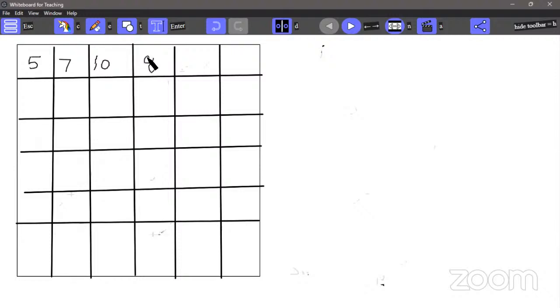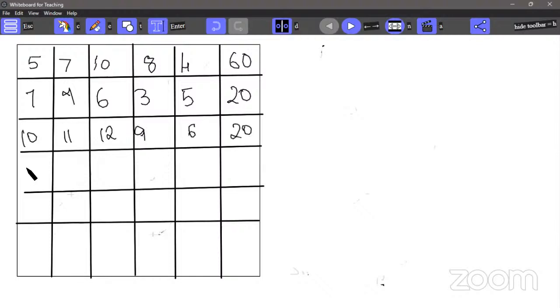So 8, 4, 7, 9, 6, 3, 5, 20, 10, 11, 12, 9, 6, 20, 4, 6, 10, 7, 13, 50, 30, 40, 20, 30, 30.